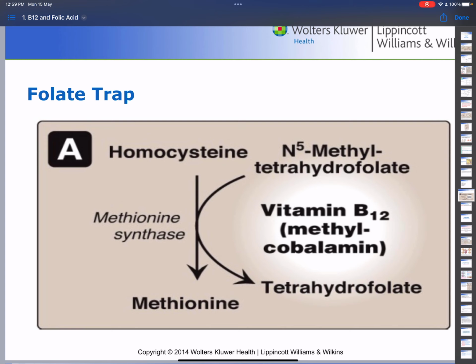Okay. We have a process of methionine synthesis that relies on the homocysteine, for example. And here we have methionine synthase enzyme that requires vitamin B12, and it has to be methylcobalamin structure. By the way, vitamin B12 has more than one structure. One of them is called methylcobalamin. So generally, cobalamin is the word that is used to describe vitamin B12.